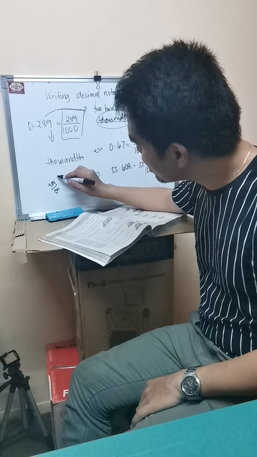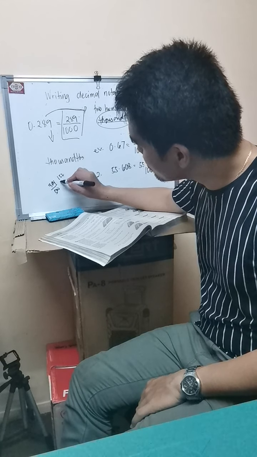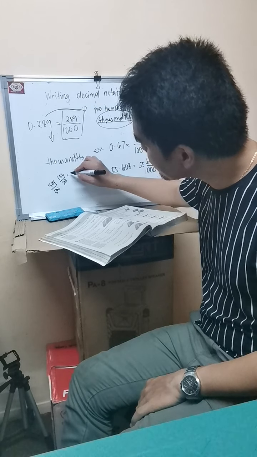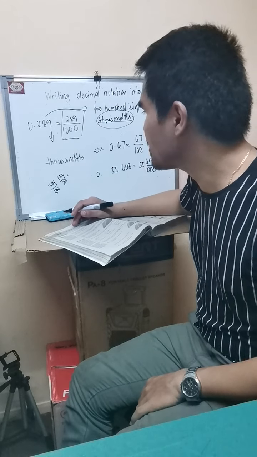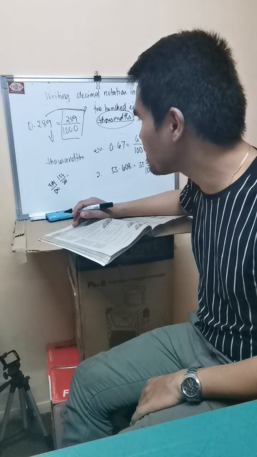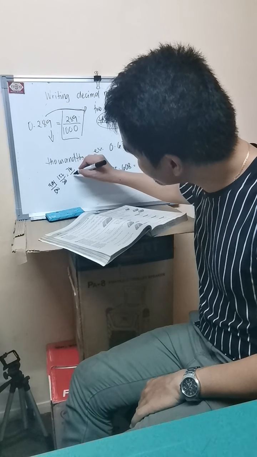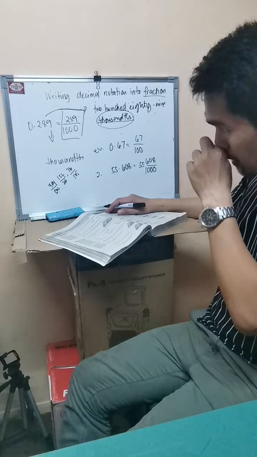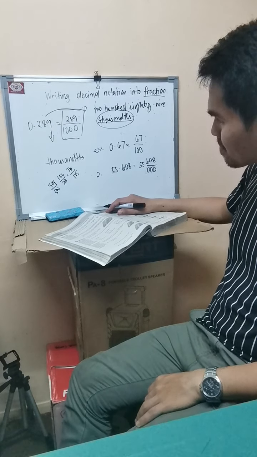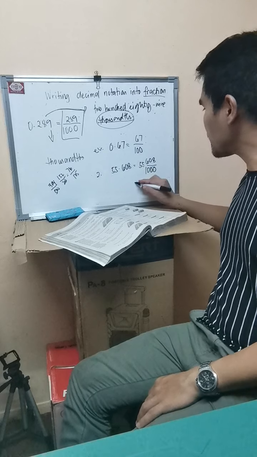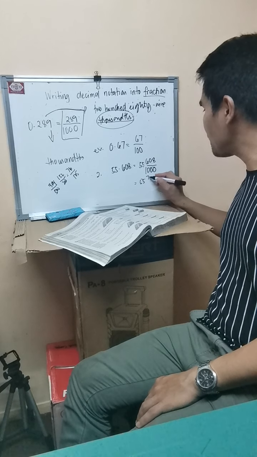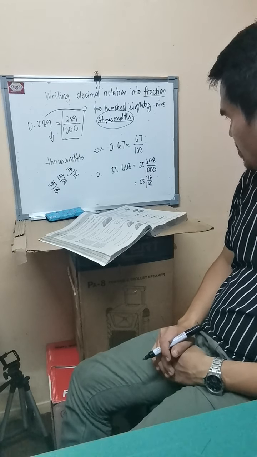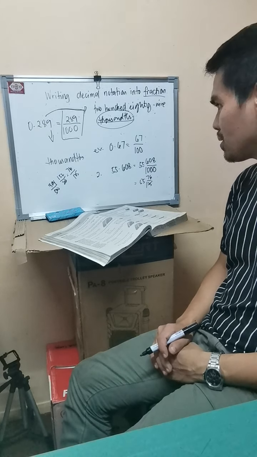Divided by 2, that is 152 over 250. Reduce it again, that's going to be 76 over 125. I think that's the last answer. Correct. So this can be written as 55 and 76 over 125, more or less, if we reduce it to the lowest term.